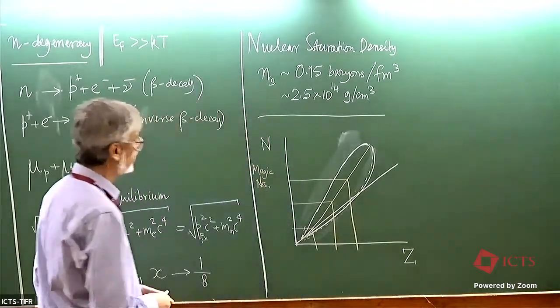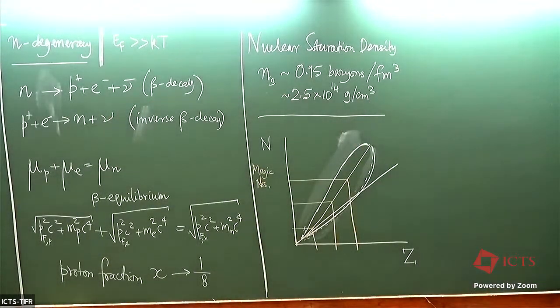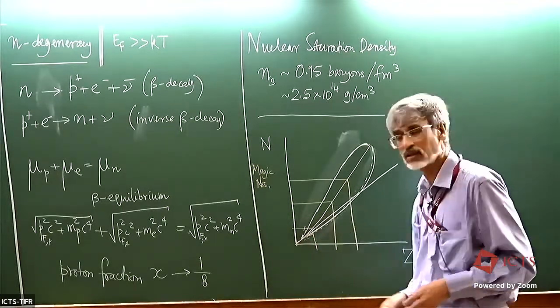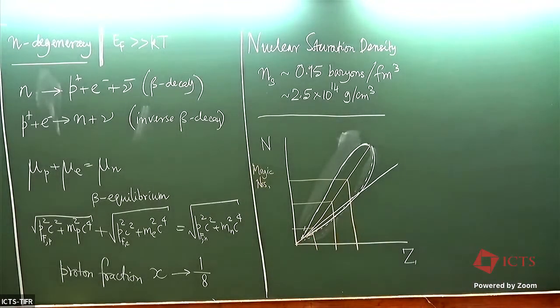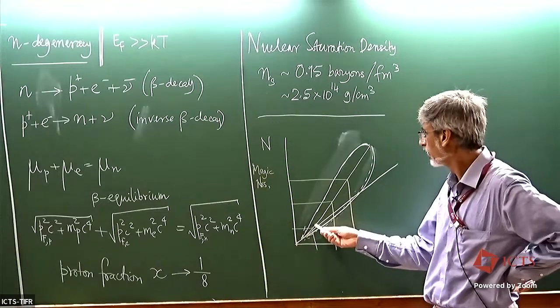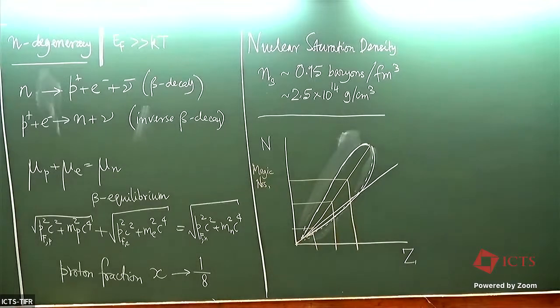So in the beta equilibrated neutron matter, at the surface you start somewhere here, where the nuclei are very similar to what you would get in a terrestrial context. But as you go to higher and higher densities, you begin to get nuclei which are on the left side of this distribution.